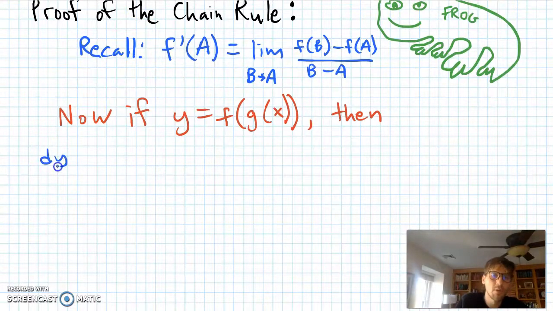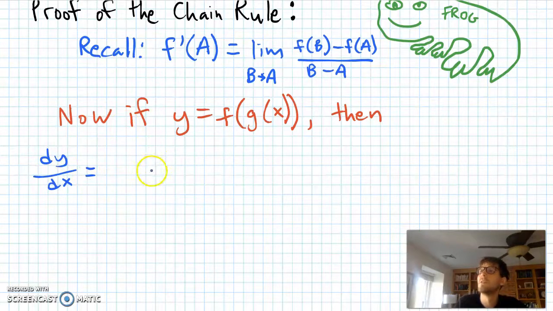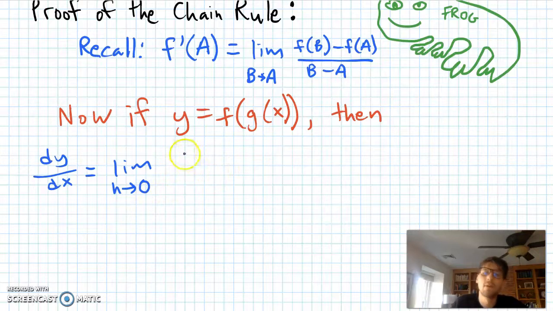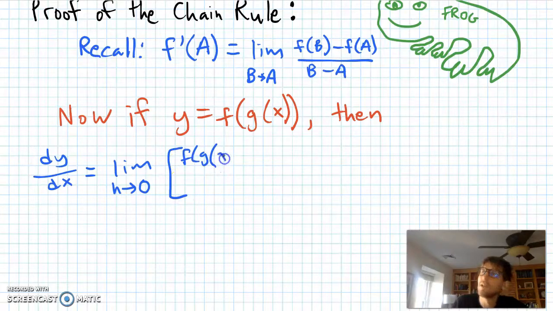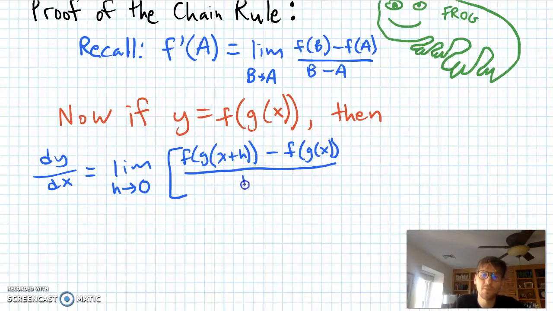My derivative, according to this definition, would be the limit as h approaches 0 of f of g of x plus h, because this is my function within a function, minus f of g of x, all over h.